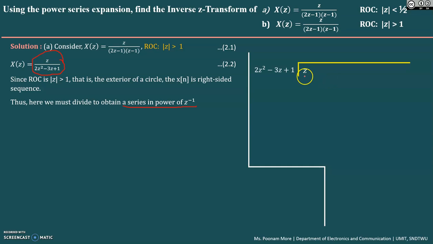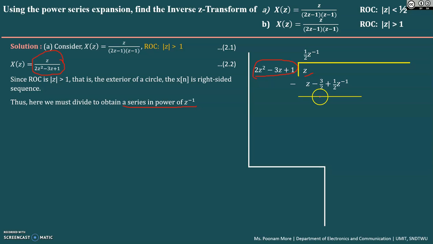As the first term is z, we will multiply our divisor with 1 by 2 z inverse. Upon multiplying, we get z minus 3 by 2 plus 1 by 2 z inverse.